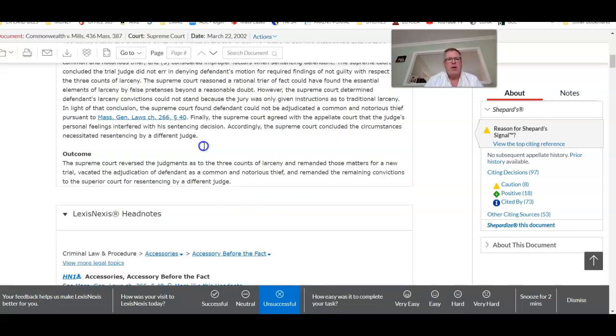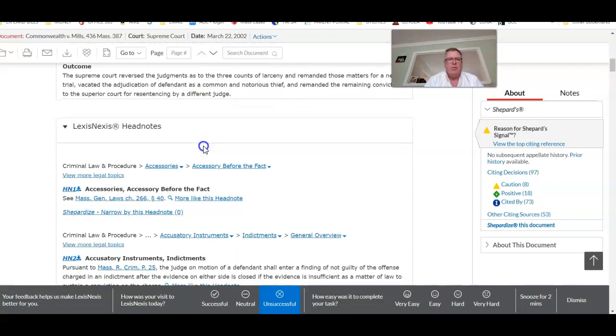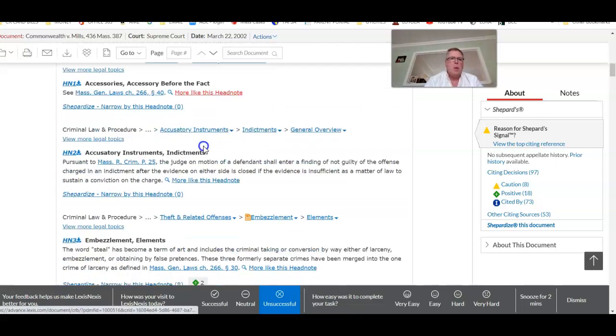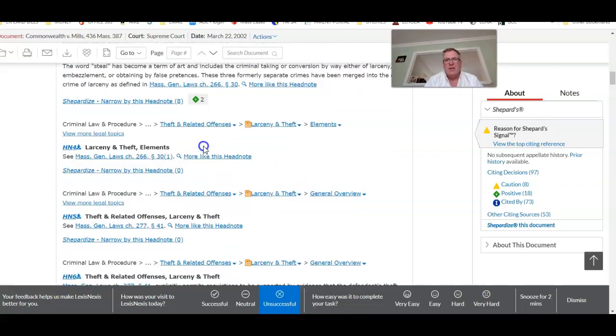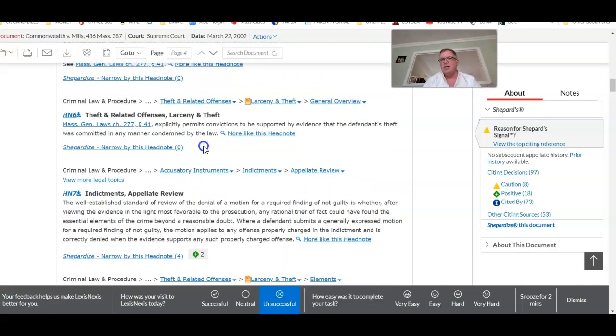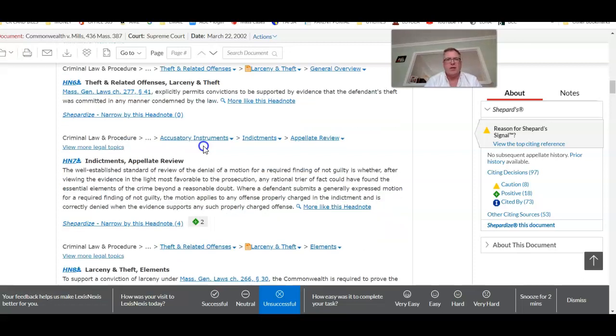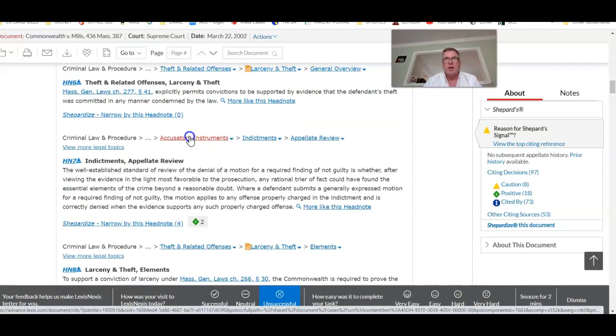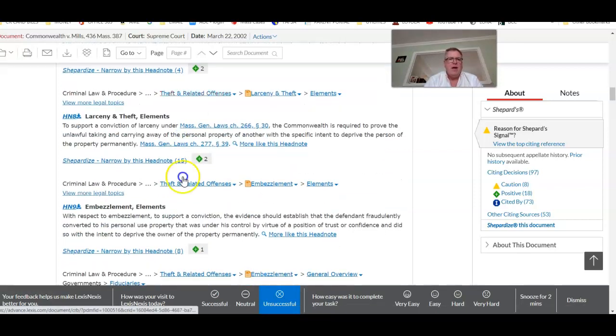Okay, so you can read on here, but the point I want to make to you is that if you read this case, you would see that this guy was charged with all kinds of different offenses. He was a retired police officer or something who was doing investigative work for the public defender's office. And in this decision, they only reversed some of them.